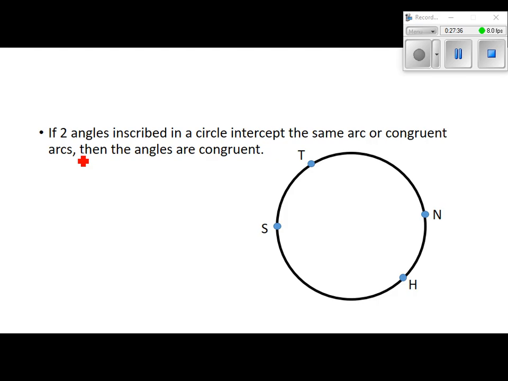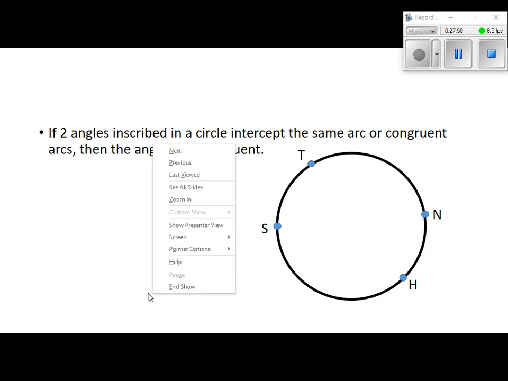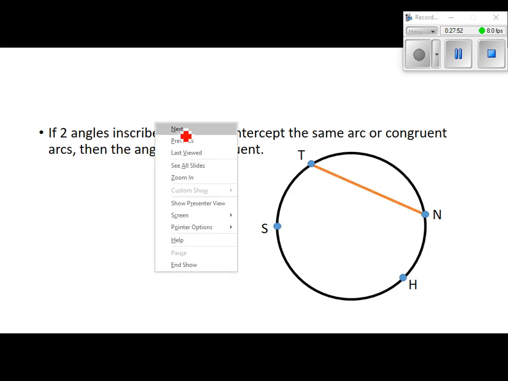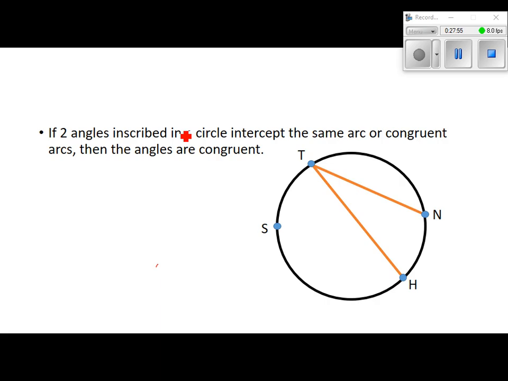And the last thing here, I think this is the last thing. If 2 angles inscribed in a circle intercept the same arc or congruent arcs, then the angles have to be congruent. So if I draw that angle, I have this angle right here, angle NTH. Notice the arc that it cuts off of the circle is arc NH.